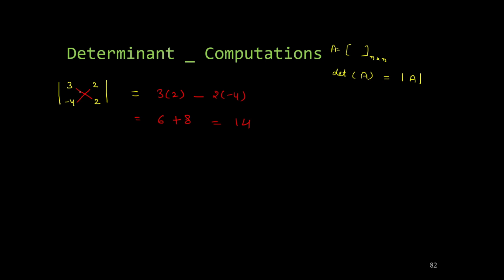First of all, we multiply alongside this diagonal, then we multiply alongside this diagonal, and we just subtract. And if you want to write it in terms of a formula, so if you have a matrix a, b, c, d, the determinant of this matrix would be this multiplication ad minus this multiplication bc. So you just need to remember the pattern, and this becomes your formula for a 2 by 2 matrix.